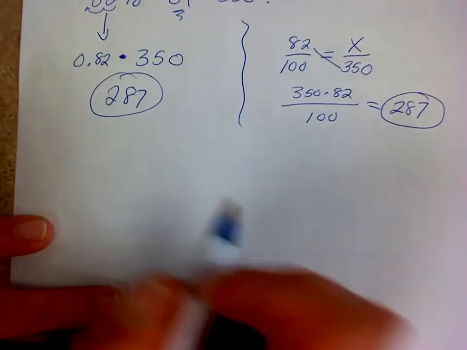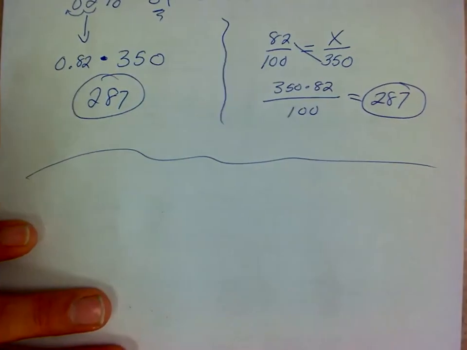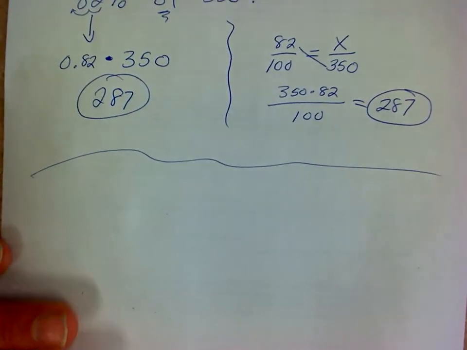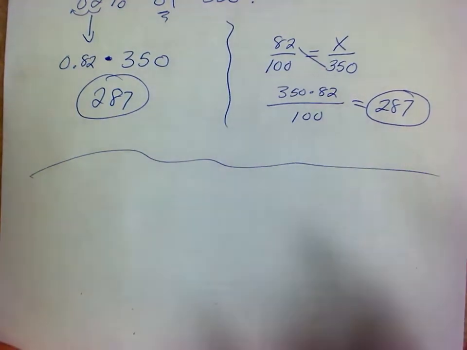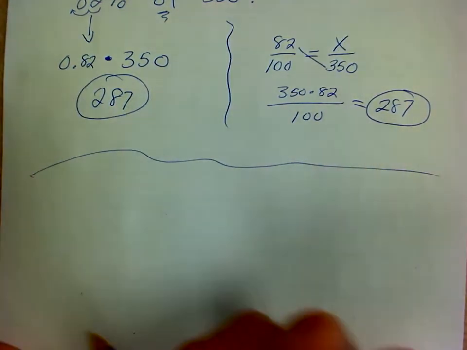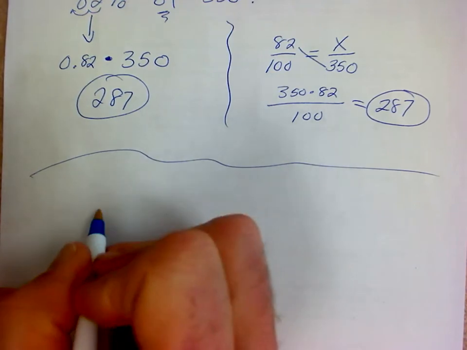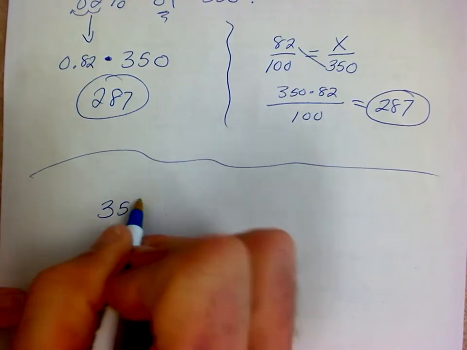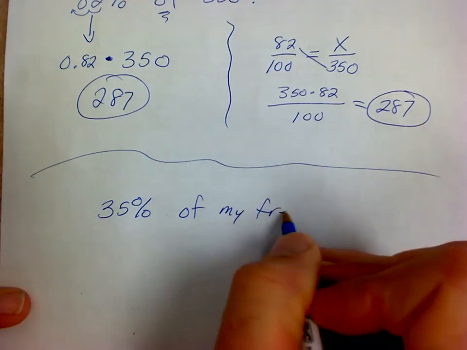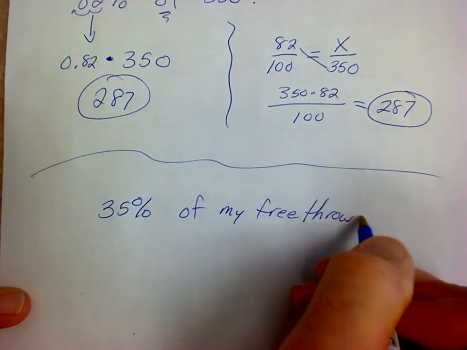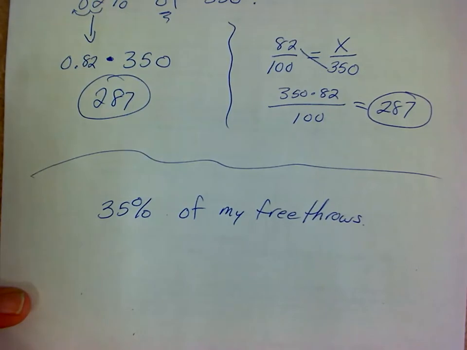Once we get down to the bottom half, we kind of set things up in story problem form. So you know, it might be a big paragraph with all the words, but it might just be a simple question that says, I make 35% of my free throws in gym class.